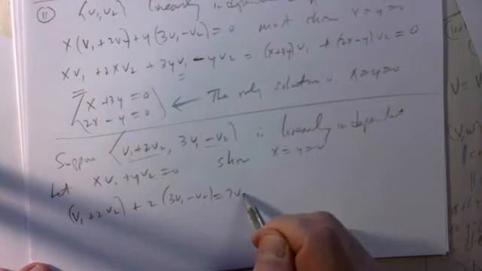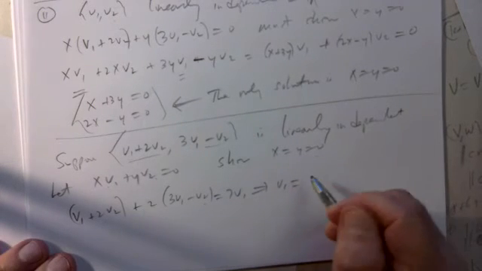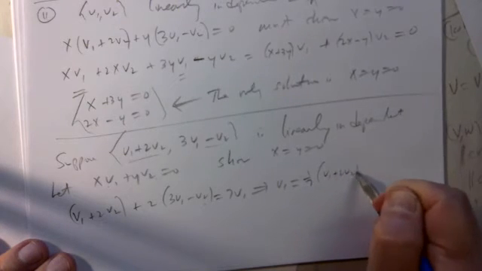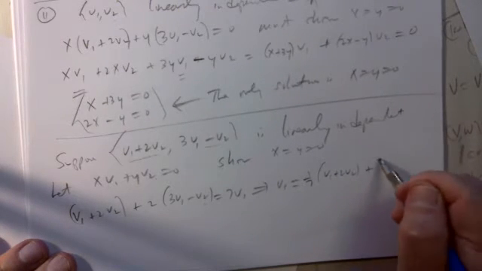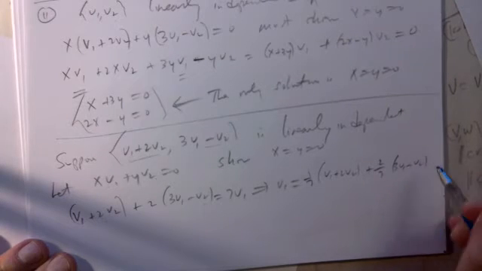The two v2s cancel. This is 7v1. So v1 is 1/7 of v1 plus 2v2 plus 2/7 of 3v1 minus v2.